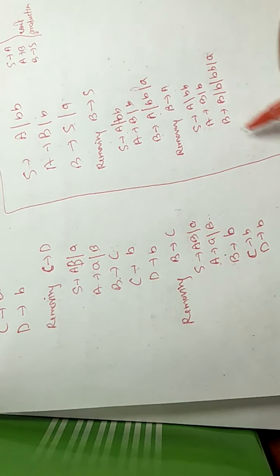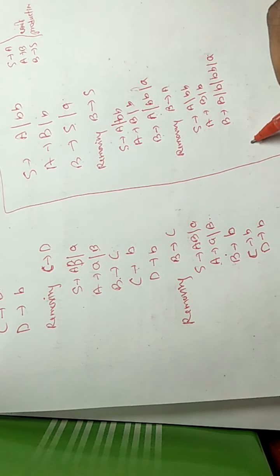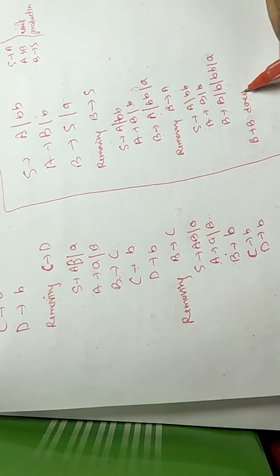Now look, B tends to B. It is another new unit production, but B tends to B does not make any effect.